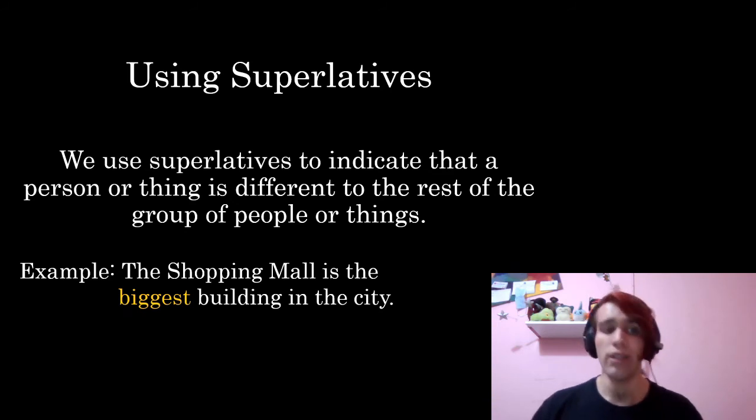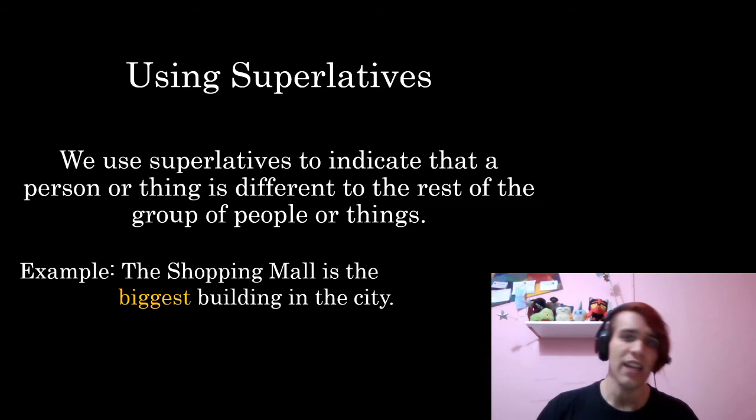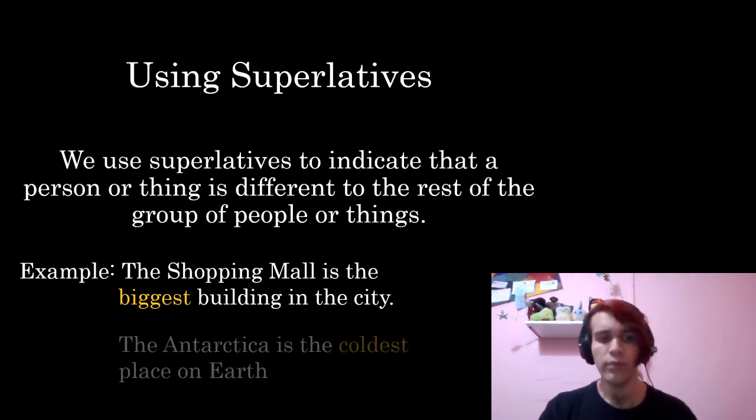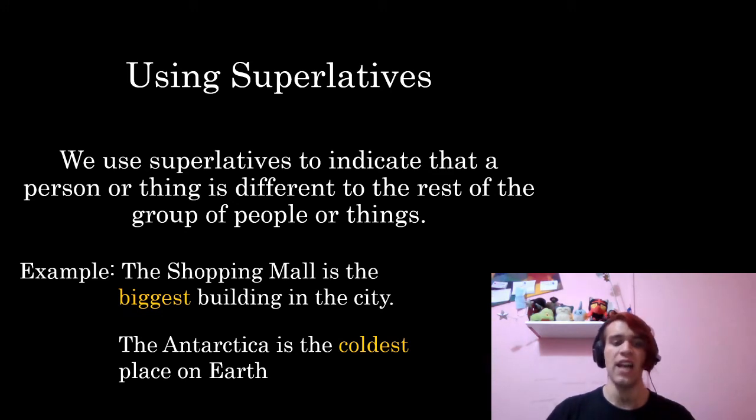This is where superlatives are used, to indicate that someone or something is different from the rest. In the other example, we have that the Antarctica is the coldest place on Earth. It is indicated that there's no other location in the world that is colder than the Antarctica.